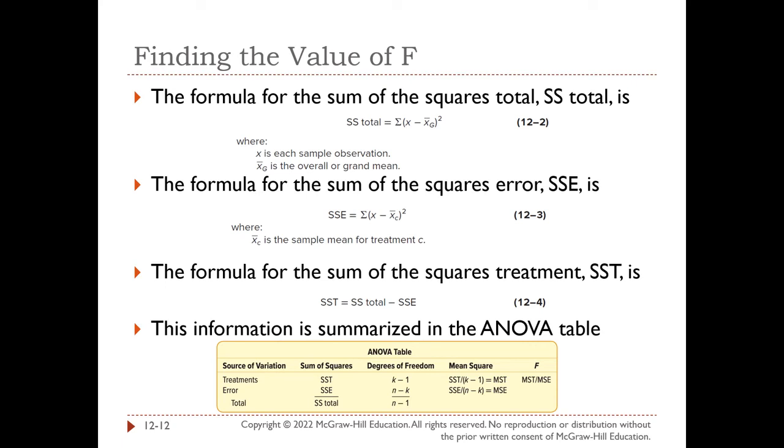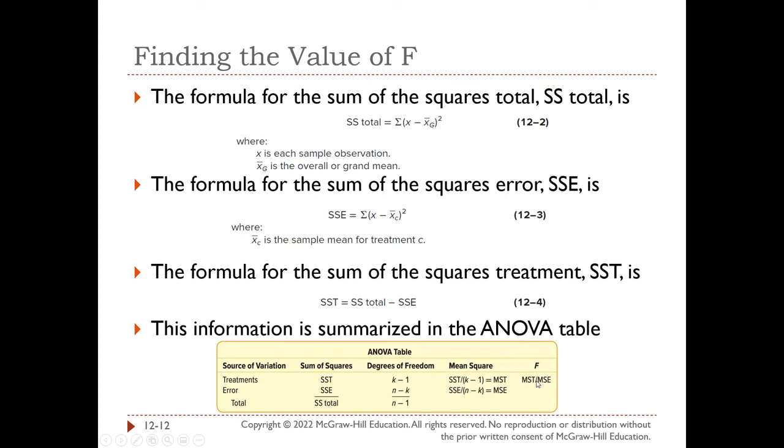And they have this nice little ANOVA table here at the bottom, where of course for treatments, the sum of squares is SST, degrees of freedom is K minus 1. So the mean square is SST divided by K minus 1 equals MST.